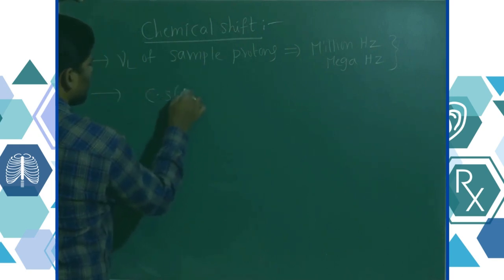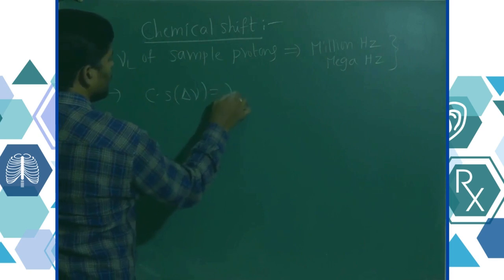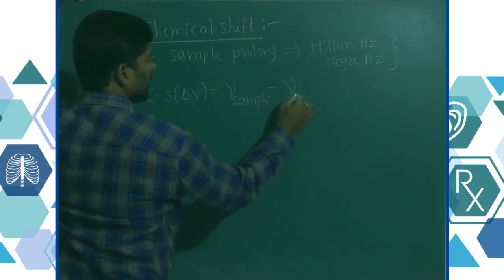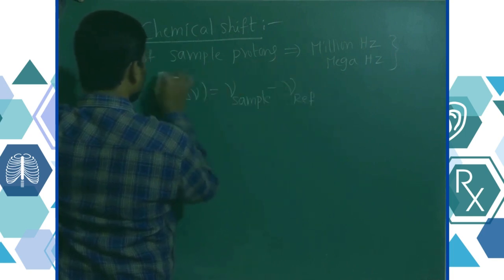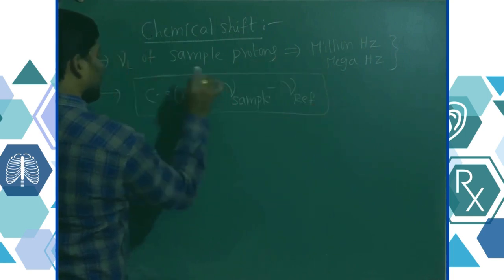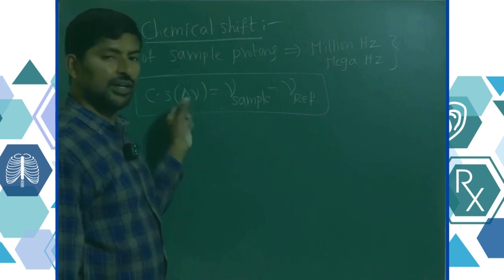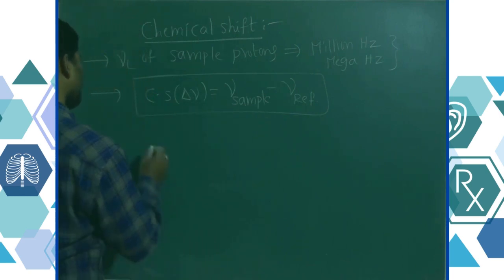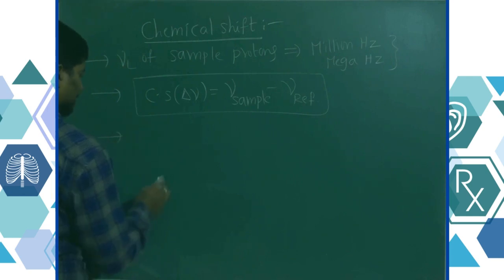Chemical shift is nothing but nu sample minus nu reference. That I will explain with an example.